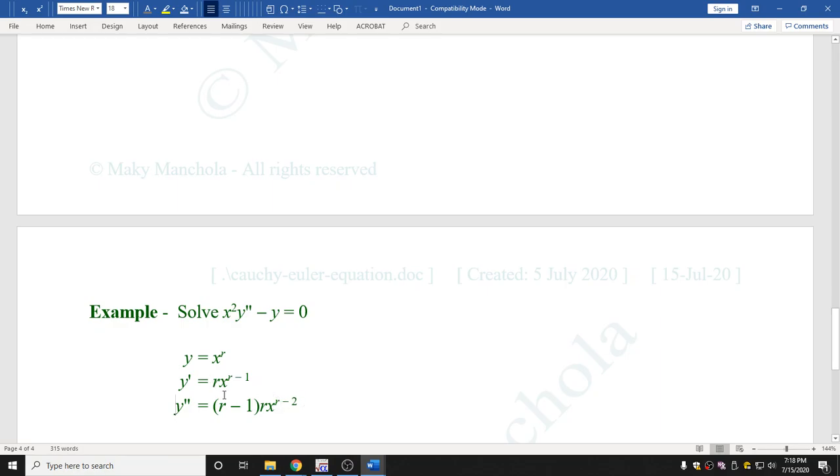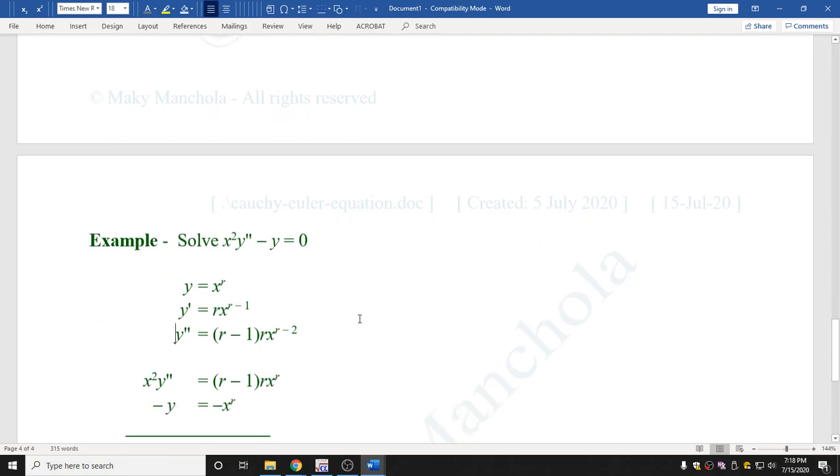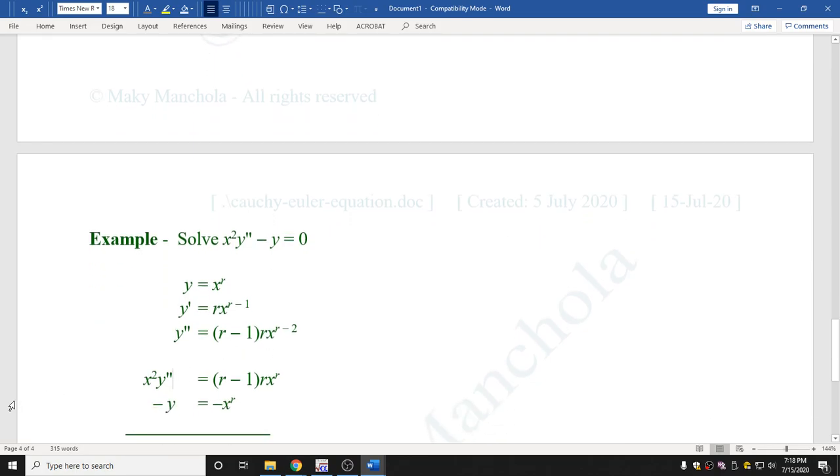What we need to do is multiply y double prime by x squared and multiply y by -1. So let's see that. We're multiplying y double prime by x squared.